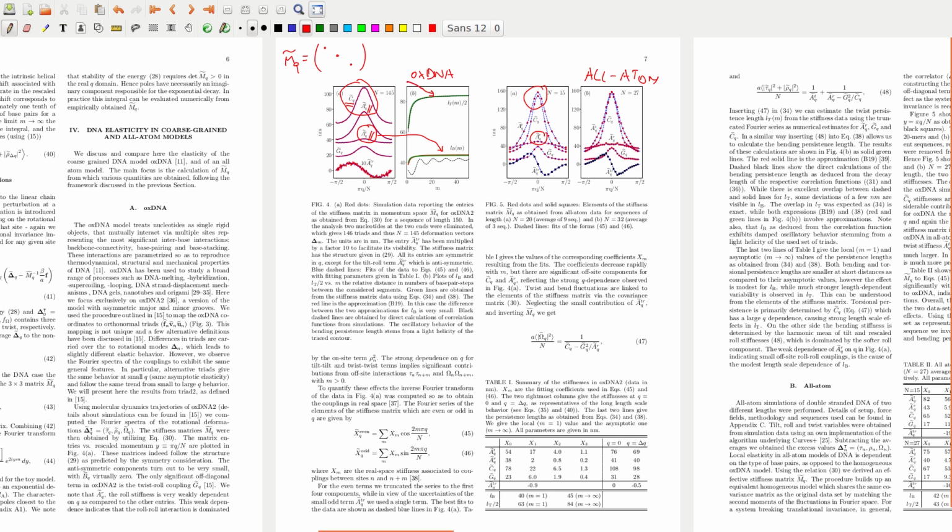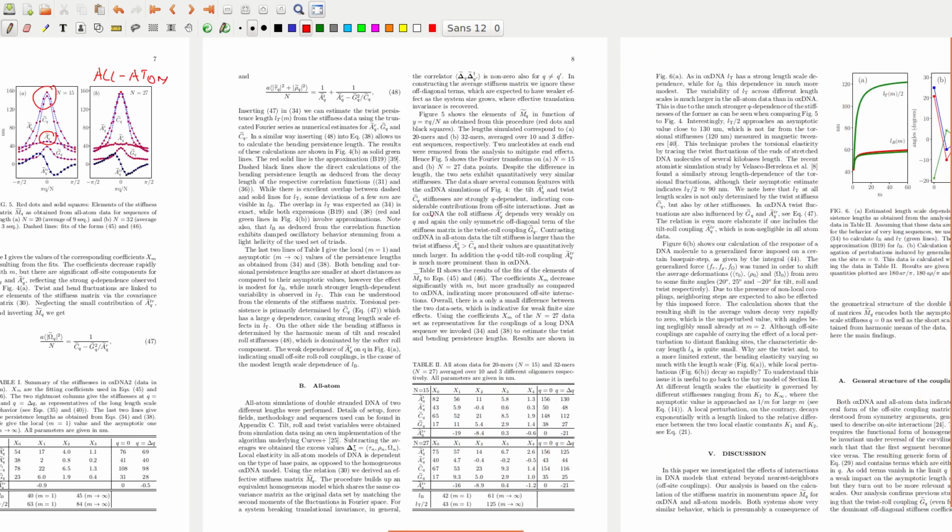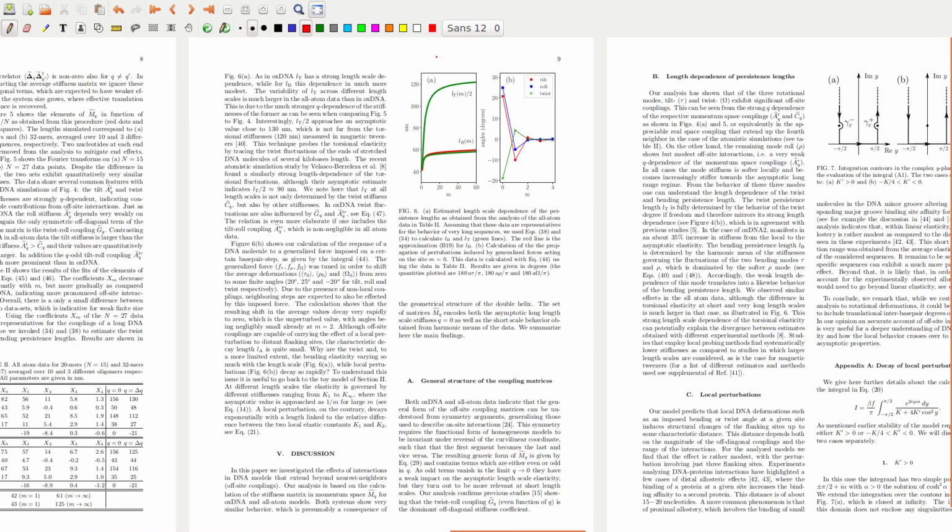The torsional persistence length, on the other hand, is strongly length scale dependent, as it is predominantly determined by C tilde, the twist stiffness. In the all-atom case, the effect is even more pronounced. In particular, the torsional persistence length divided by 2 varies between 50 to 130 nanometers.